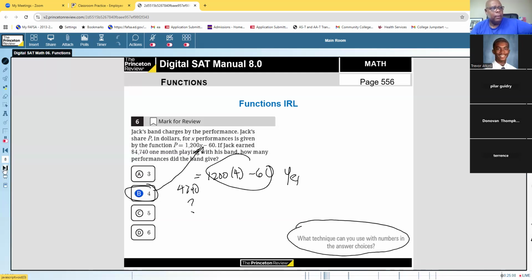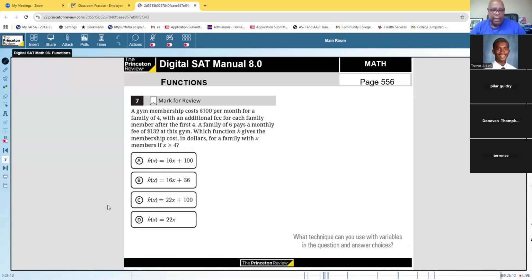Okay. Let's go on here. Take a look at this one, see what you think. This is number 7. As we go through these problems, they get harder, right?